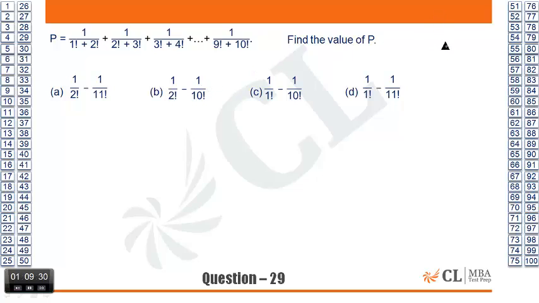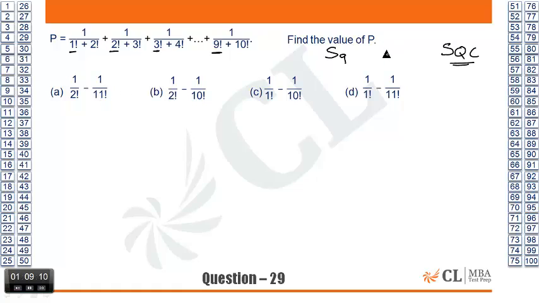I think I want to do this one, my heart won't let questions like this go. So how many terms are here? 1 term, 2 term, 3 term, up till 9 term, no? So this P is actually the sum of 9 terms. So if it is 9, this is 1 by 2, this is 11. 11 is 9 plus 2.